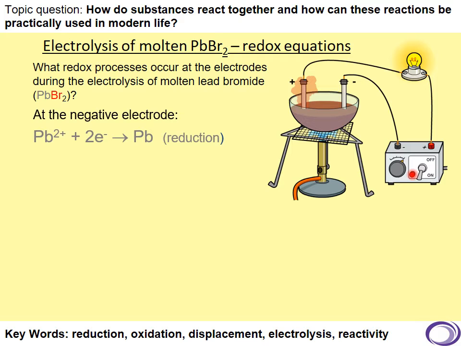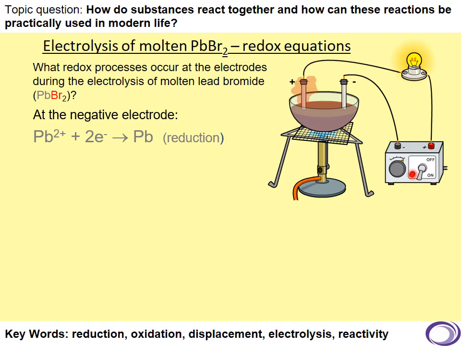So a half equation, telling you what's happening at just one of the electrodes, would be Pb2+ gaining 2 electrons and forming lead metal. Because electrons have been gained and gain of electrons is reduction, this is a reduction process.